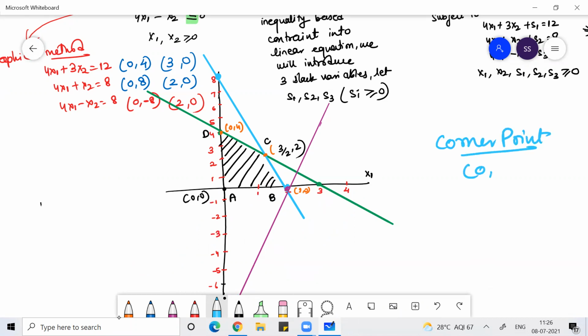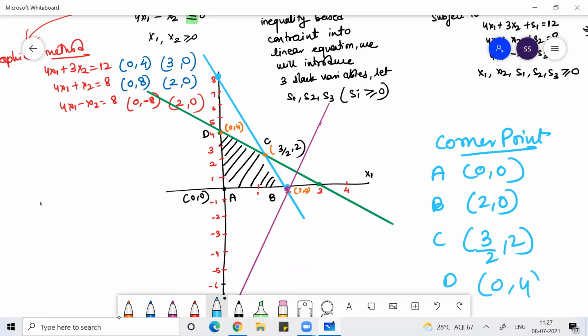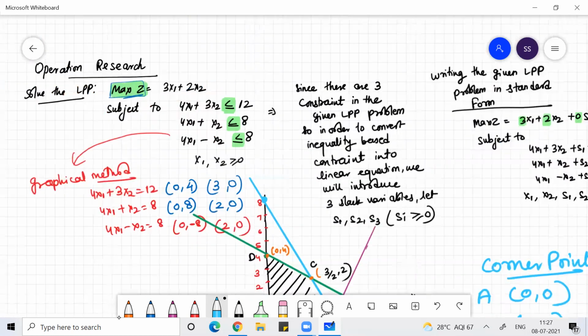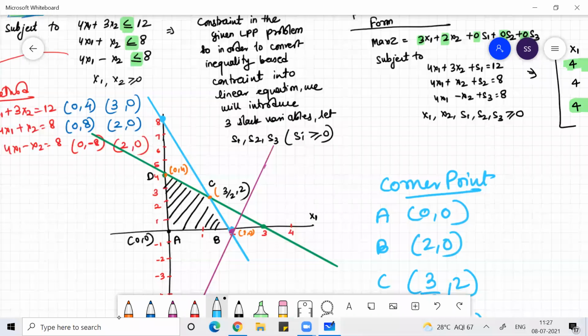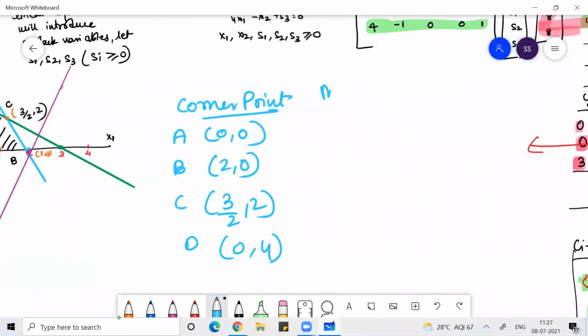My corner points are 0 comma 0, then 2 comma 0, 3 by 2 comma 2, and 0 comma 4. My objective function is 3x1 plus 2x2. Find the maximum value.